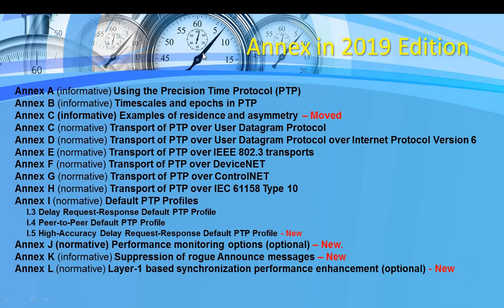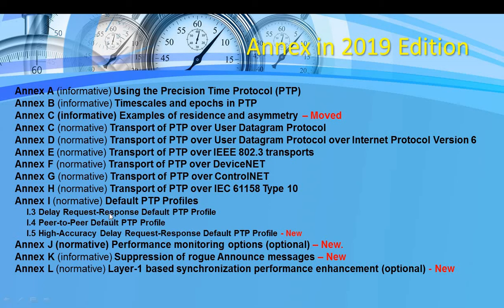In the annex of the 2019 version, the Annex C example of residence time and asymmetry has been removed because this content is detailed in different chapters, so it does not exist in the annex anymore. And the Annex I default PTP profile.